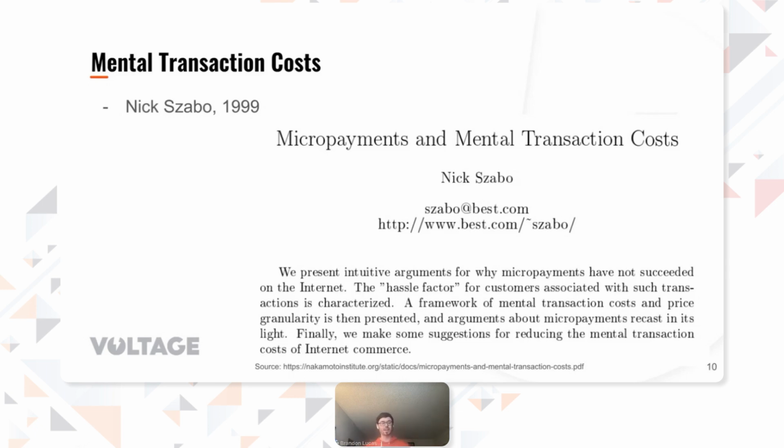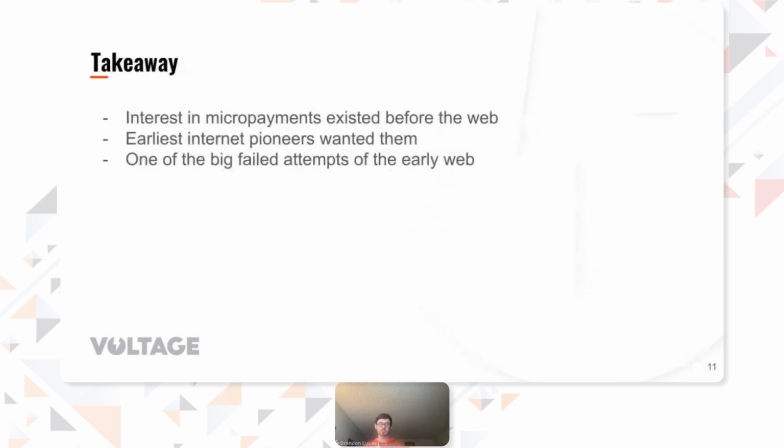We'll get into that later, but I just think this is really useful to keep in mind. So some takeaways here. Interest in micropayments existed before the web was even a thing, right? This was something that from the very beginning people wanted. The earliest internet pioneers wanted them, and it can kind of be considered one of the big failed attempts of the early web. This is something that we all thought was going to happen, really, that didn't materialize.